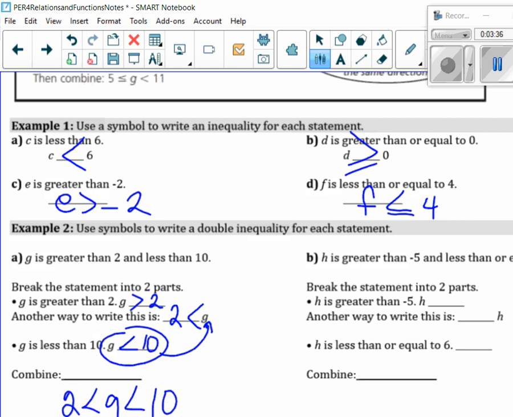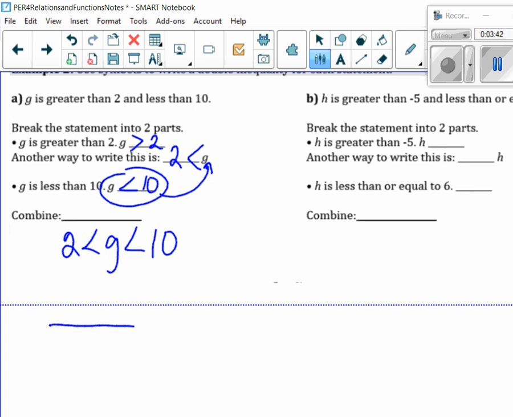So just another way to look at this is, if you had a number line here, and here is, I don't know, I'm just going to put a couple numbers. I'll just put 2 here, and it's not going to be by scale or whatever. So if it is G is greater than 2, how would you graph that? It would be a circle not filled in going this way, right? Do you remember the circle not filled in and filled in?